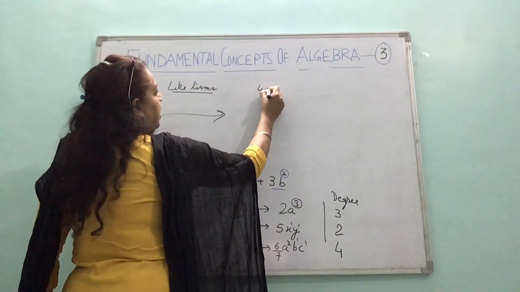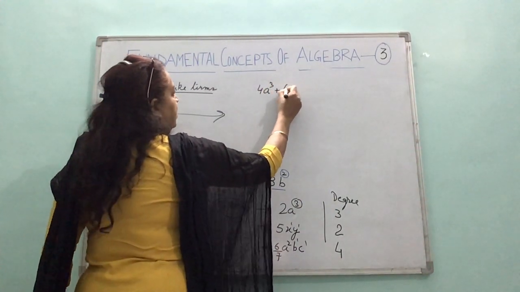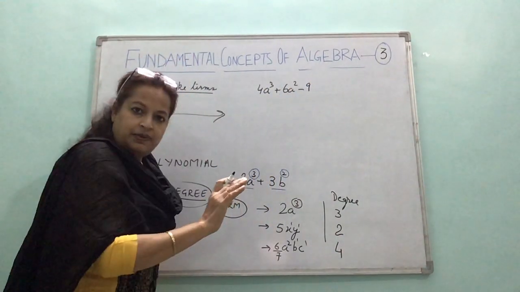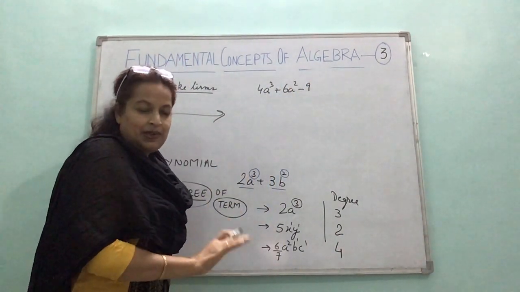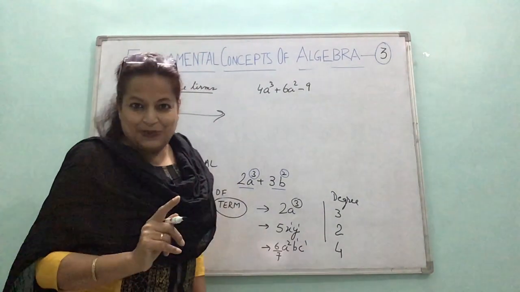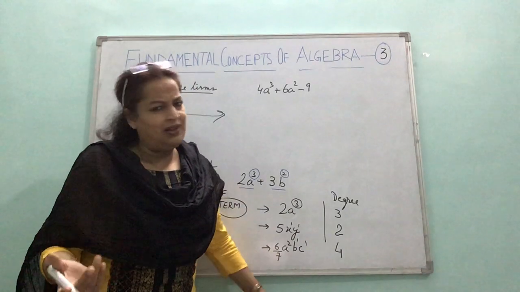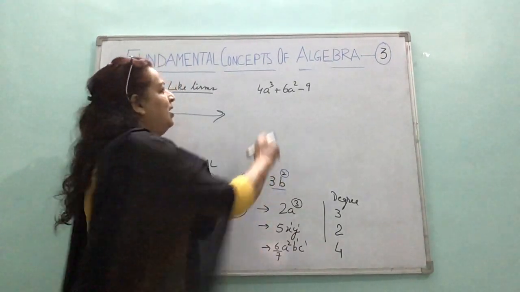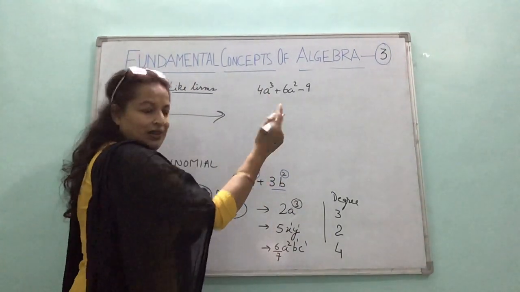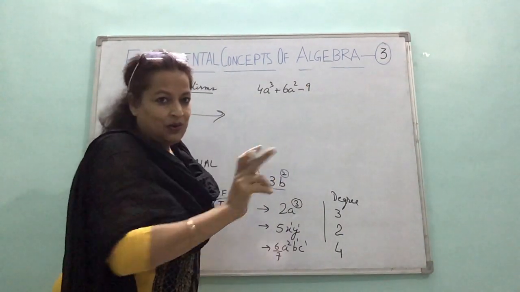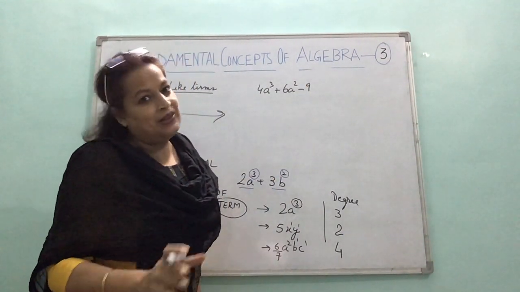Say 4a cube plus 6a square minus 9. Any expression. Now more than one term. So then in that case what you do? You find the degree of each term. Orally, it's so easy, we can do it orally. This is 3, this is 2, and since there is nothing, it is 0. Constant, degree of constant is 0.